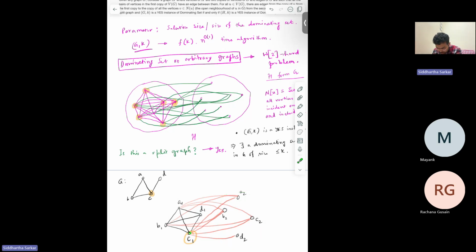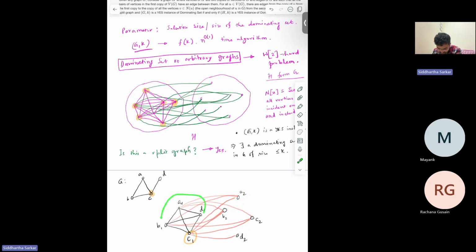C1 is connected to itself. This edge is covered by it, or rather not edges. I mean, C1, by definition, is connected to C2. So C2 is dominated by C1. And because C is able to dominate the other vertices in the original graph, C will also be able to dominate the other vertices in H, the second copies.